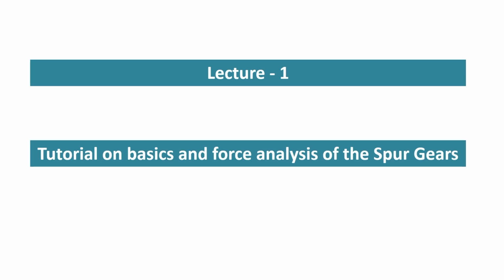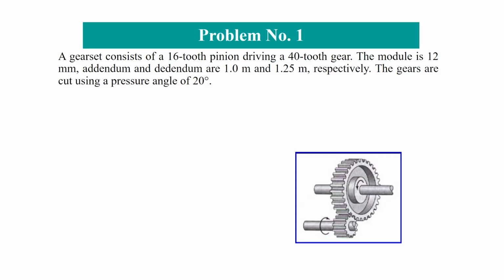And we are going to take a problem related to basics of the spur gear. The problem is a gear set consists of a 16-tooth pinion driving a 40-tooth gear. The module is 12 mm.